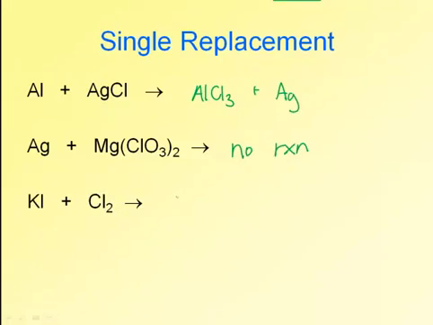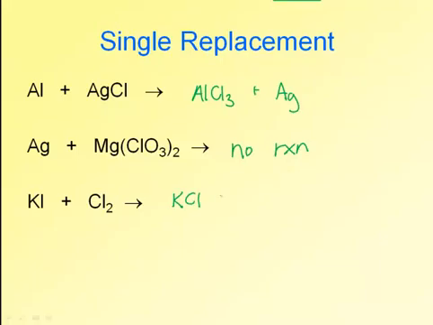Next example. Chlorine is the element by itself here. Compare it to the equivalent component of the compound. So that's the iodine. Is Cl higher than I on the activity series for halogens? Yes, it is. So write the correct formulas for the products.